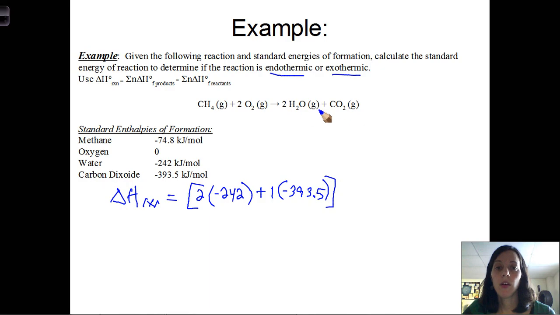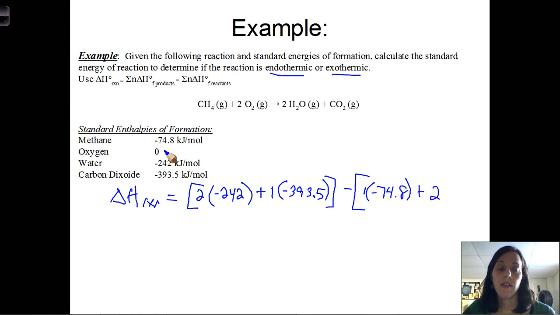And those are our only products, so now we're done adding them up together, subtracted by doing essentially the same thing on the reactant side. So we have 1 mole of methane, the value being minus 74.8, plus 2 moles of oxygen.